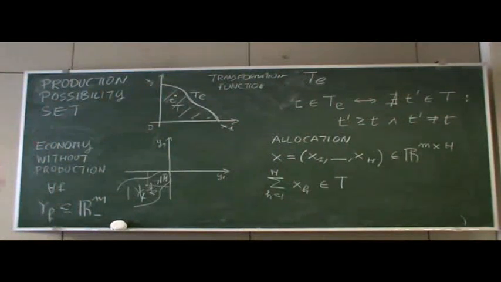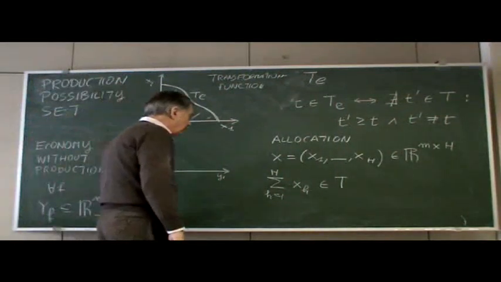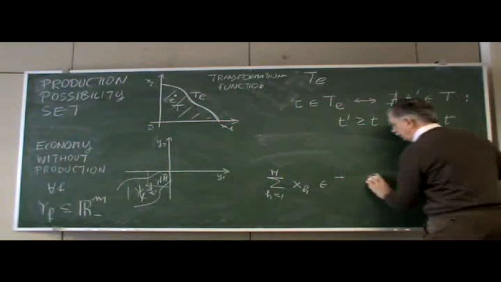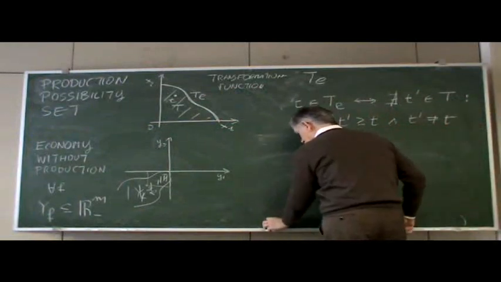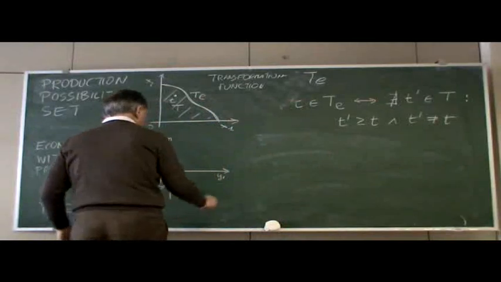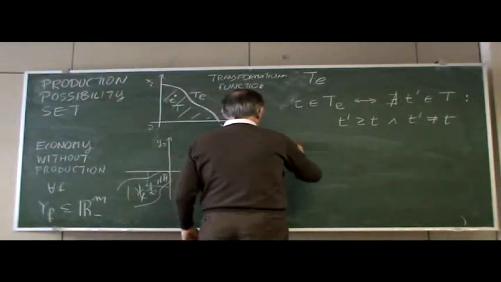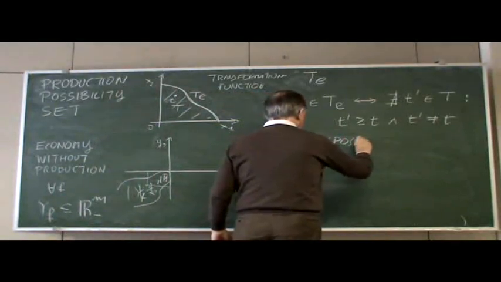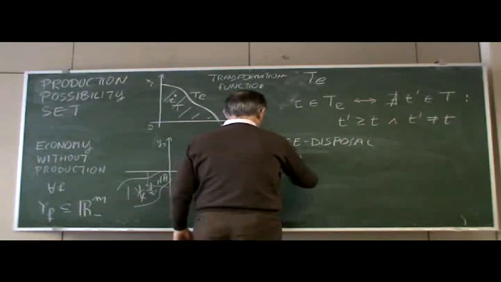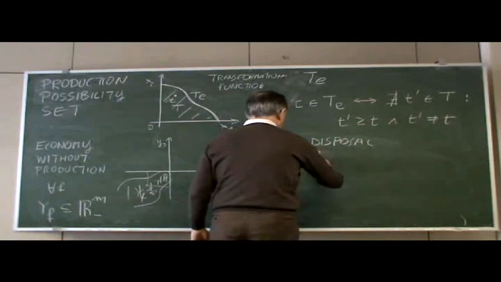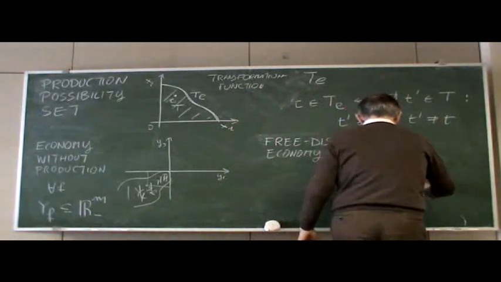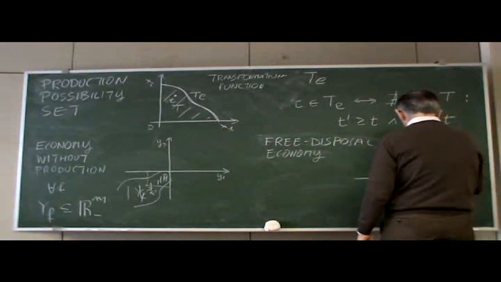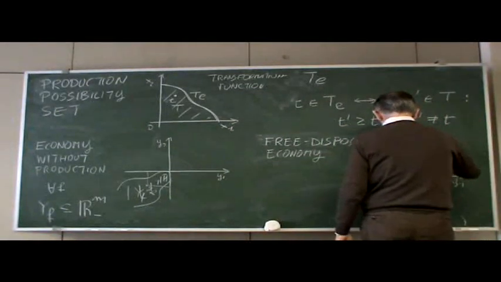A particular case of an economy without production is the so-called free disposal economy. What is the meaning? There is at least one firm which can destroy goods singularly.